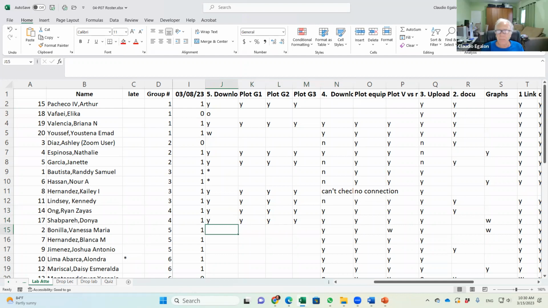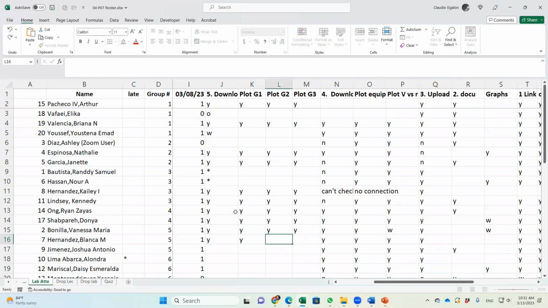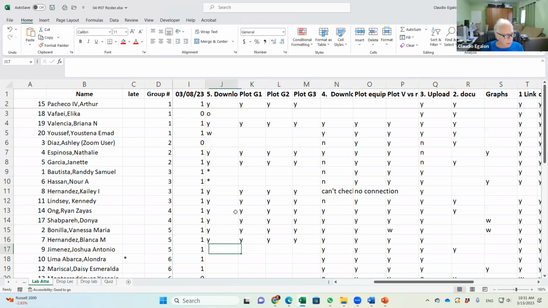Vanessa Bonilla. I see Vanessa here. Okay, I downloaded plotted graph. Okay, that's good. 1, 2, and 3. Blanca Hernandez. Yes, for all of them. Oh, then, okay.